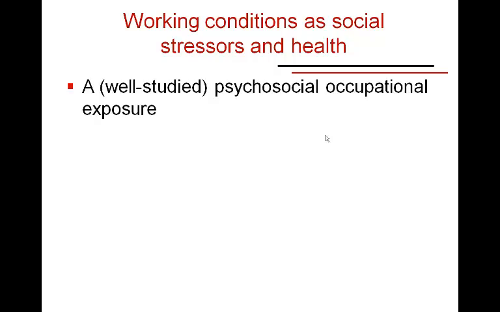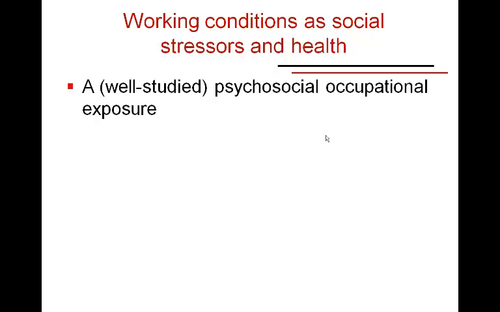I'd like to elaborate a little bit more on one particular kind of psychosocial stressor that has generated a lot more research and been very relevant in social epidemiology, and which you heard a little bit about, or will when you look at the Unnatural Causes video with reference to the Whitehall study. And that pertains to studies of working conditions as social stressors.